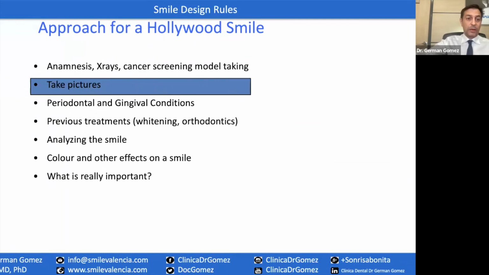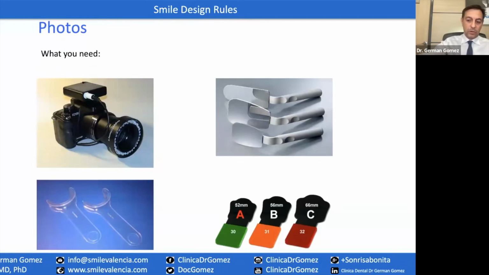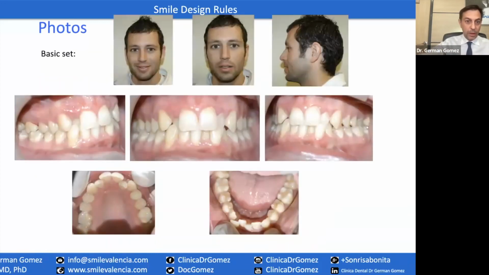After that, we take the pictures, which is an extremely important step. I recommend that you get professional assistance with that, so that you really learn to do professional picture taking, for example inside the aesthetic dentistry program of the Mastery Academy.